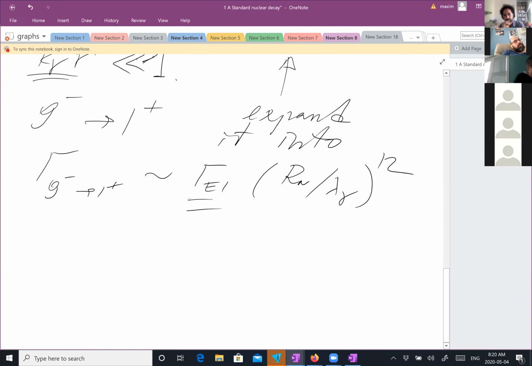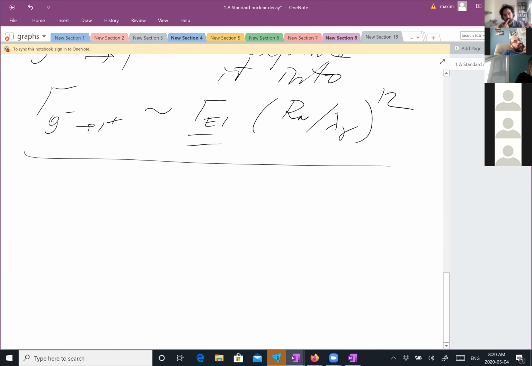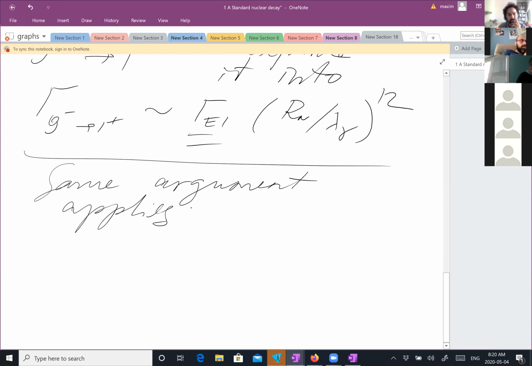Very well. Now consider you have a different situation. Consider something that you have, and the same argument applies also to beta decays.